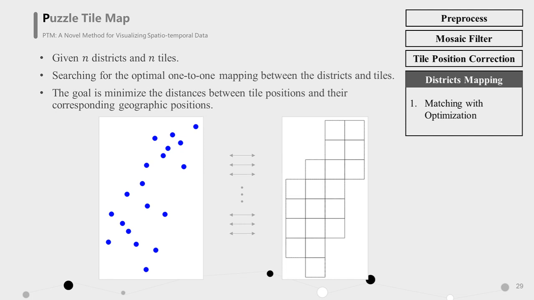Given n districts and n tiles, the problem to be addressed is how to search for the optimal one-to-one mapping between the districts and tiles. The goal of this mapping is to minimize the distance between the tiles' positions and their corresponding geography positions.